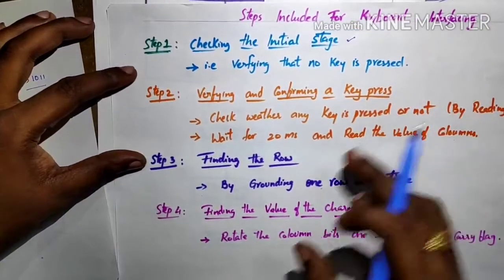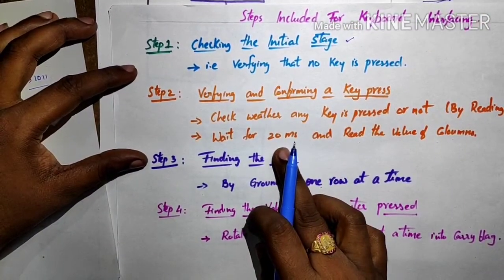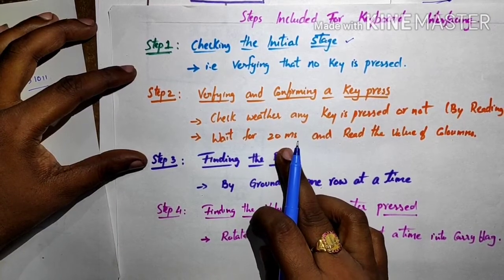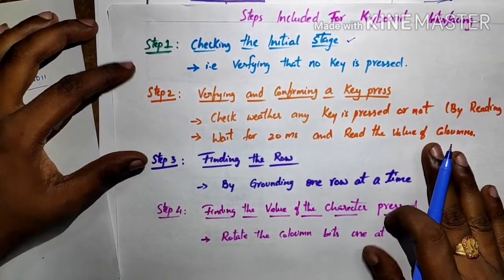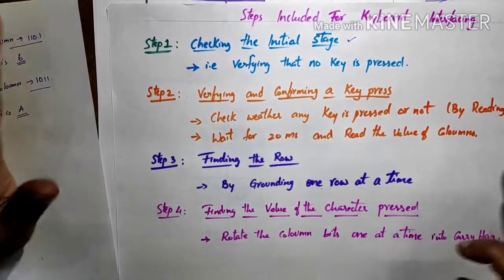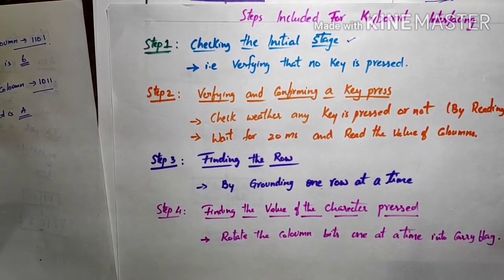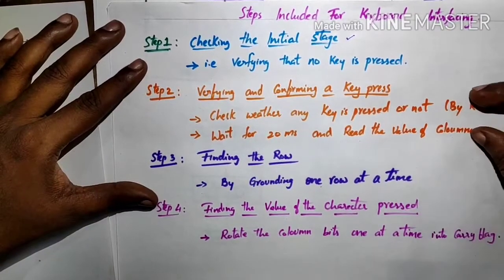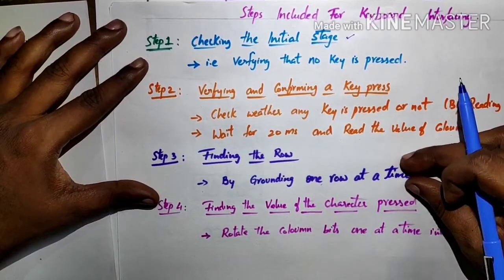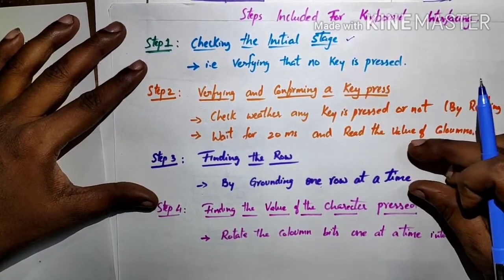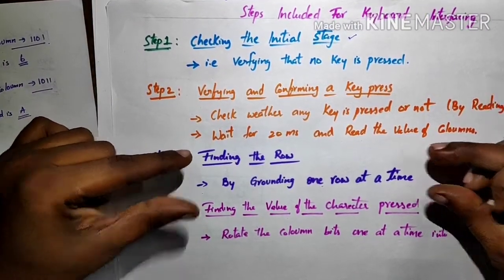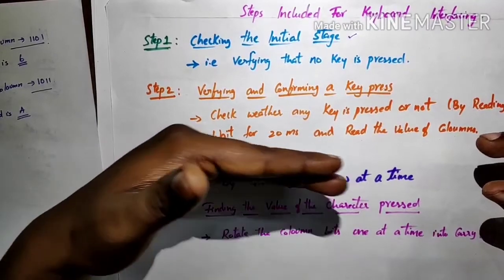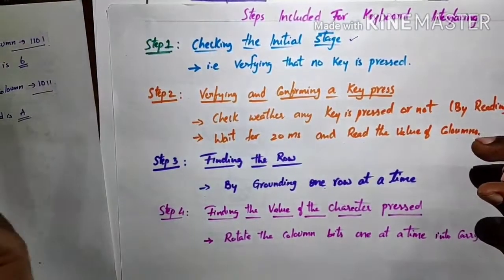So to avoid that spike noise, we wait for 20 milliseconds. After waiting, it will confirm that a particular key has been pressed. After confirming a key press, we will find the row, which particular row the key belongs to.